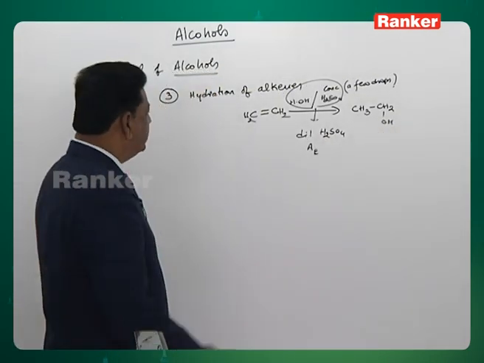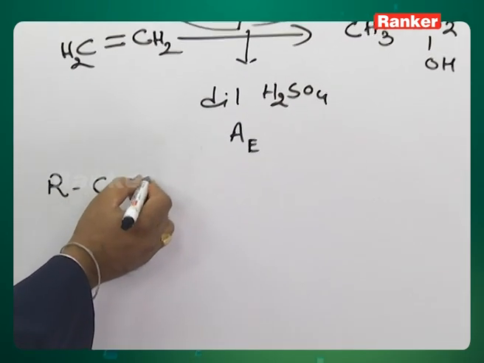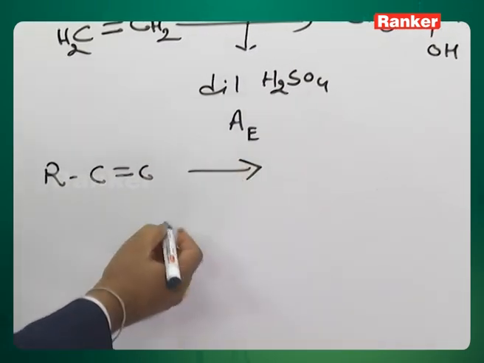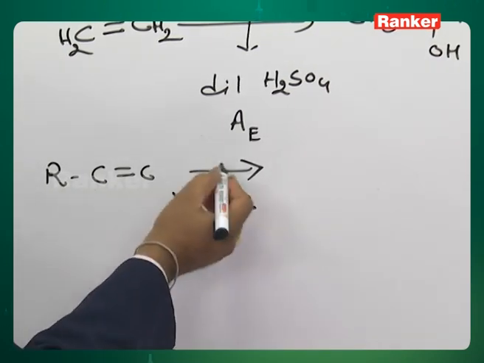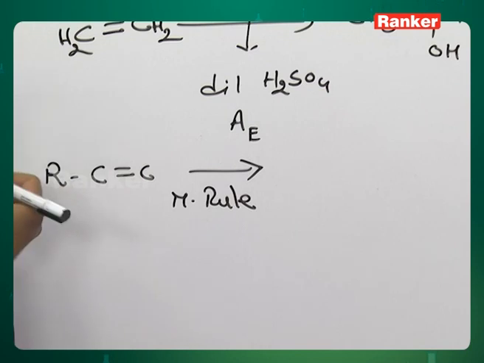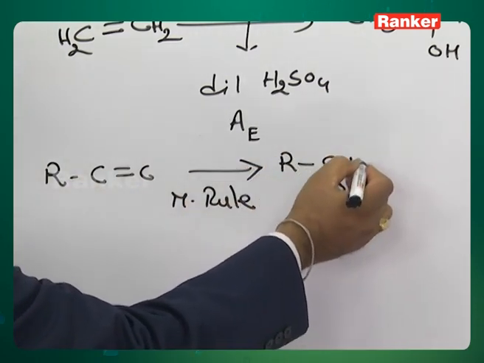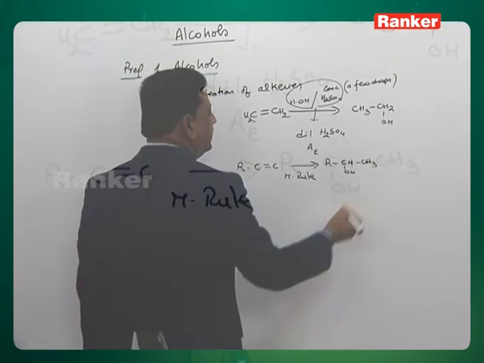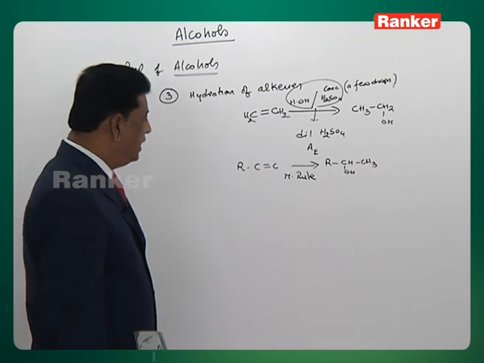So here a substituted alkene, let us say one alkyl containing alkene, if you take it, follows a rule called Markovnikov rule. The rule says that the negative part goes where hydrogen is less, that means OH goes inside and the compound will be like this. If propene is taken, 2 propanol will be the normal product.